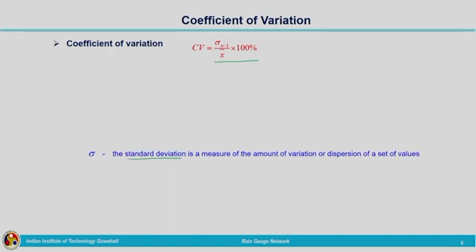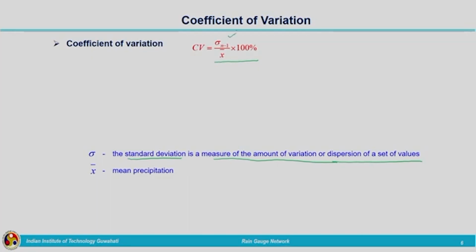Standard deviation is the measure of the amount of variation or dispersion of a set of values. We have the rainfall data measured from the rain gauges, and we are finding out the standard deviation, the measure of the amount of variation or dispersion in the data. So, the coefficient of variation is sigma n minus 1 divided by x bar.